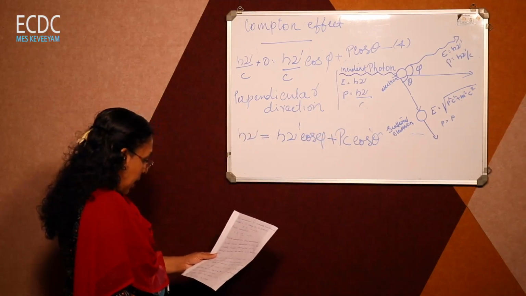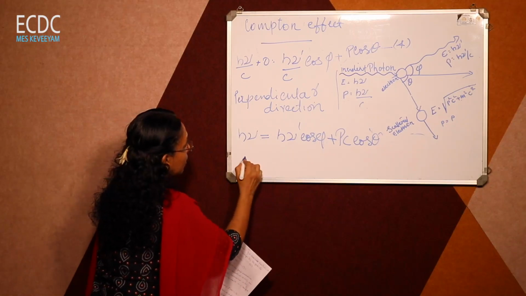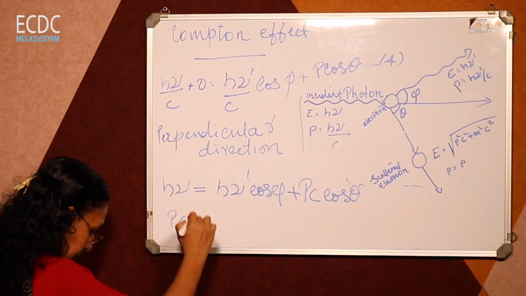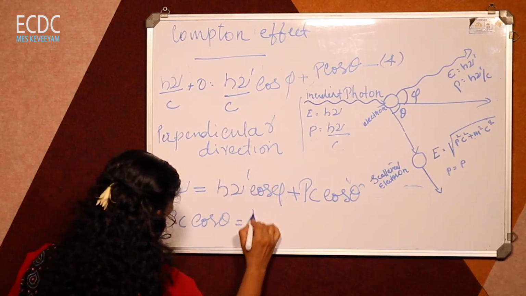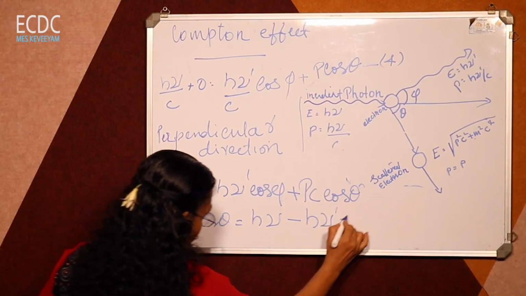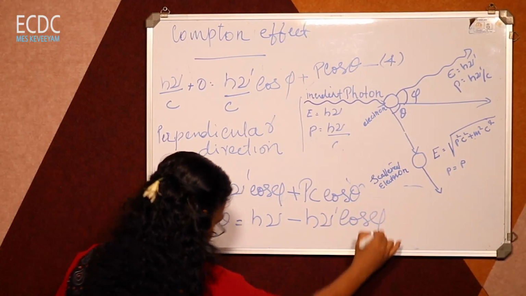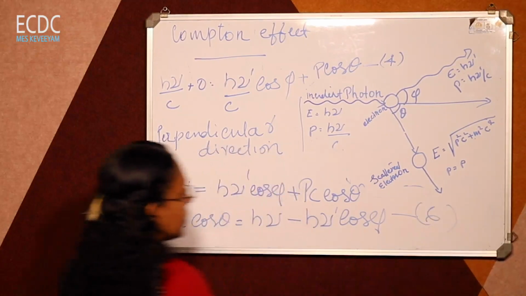So again, by rearranging this equation, we can write pc cos theta is equal to h nu minus h nu prime cos phi. Put it as equation 6.